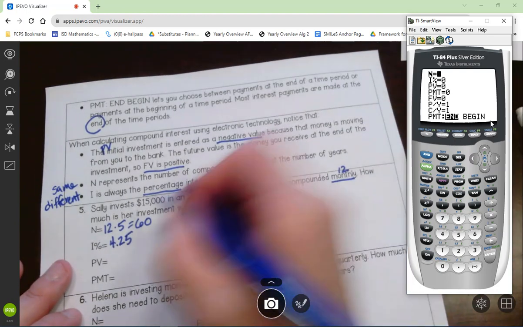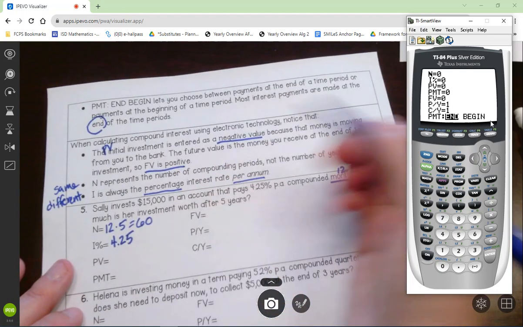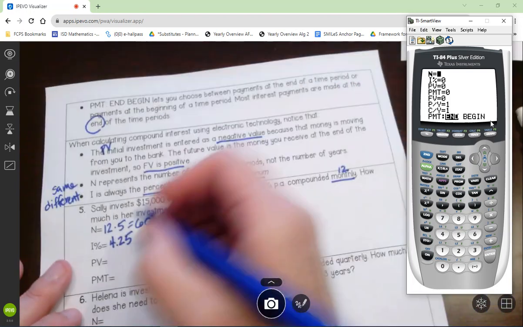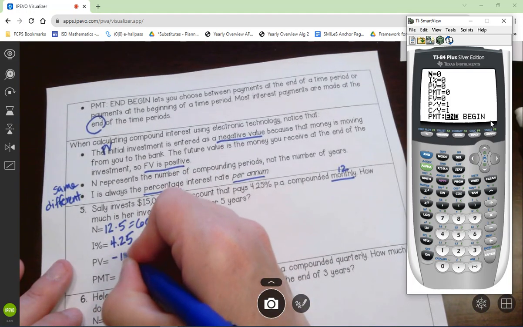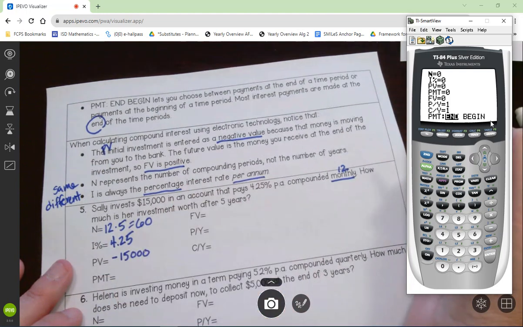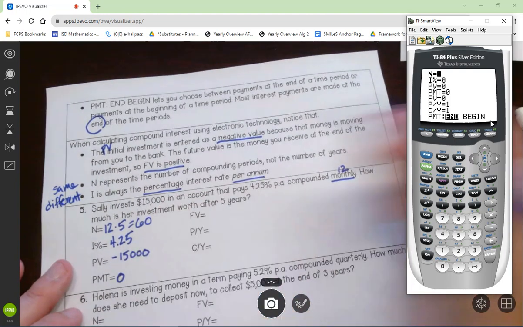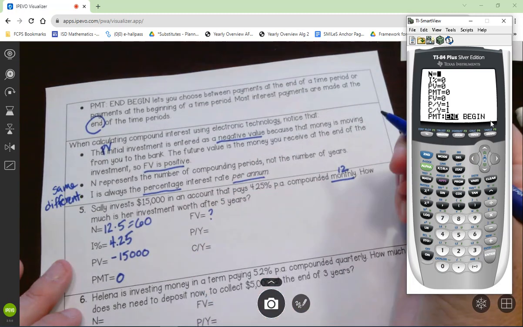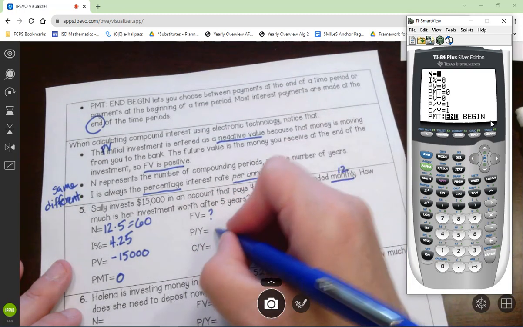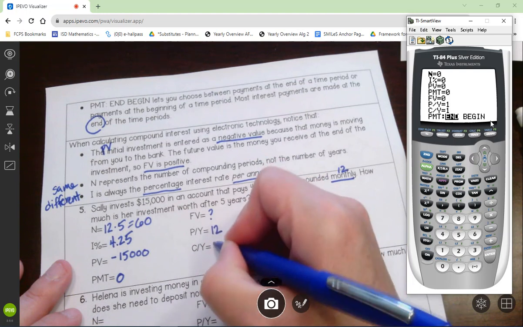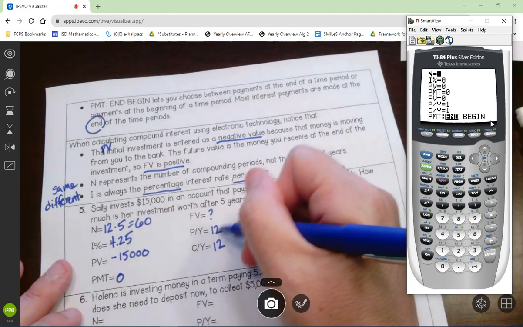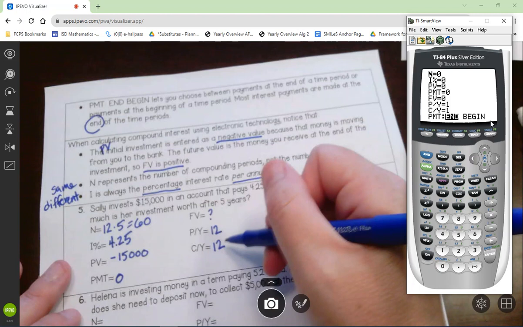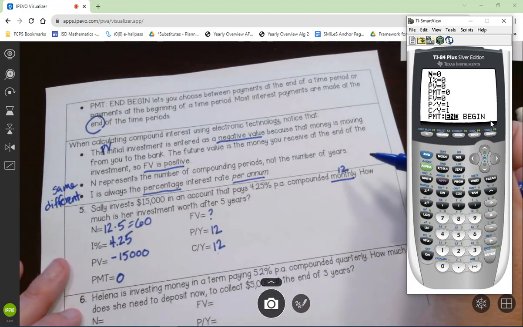The present value is 15,000, but we have to write it as a negative, so negative 15,000. This problem does not have us making payments. The future value is what we're trying to find out, and it's 12 payments per year, 12. It doesn't really matter how many payments per year since the payment is 0, but 12 compounding periods per year.